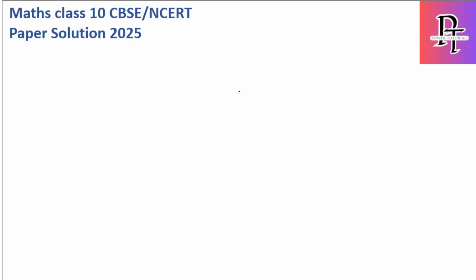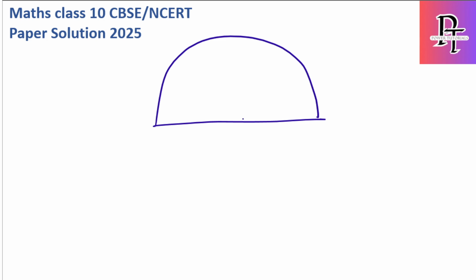For this, I will first draw a semicircle with center at O. We have a point P somewhere here, and we have a line. This they provided as 30.